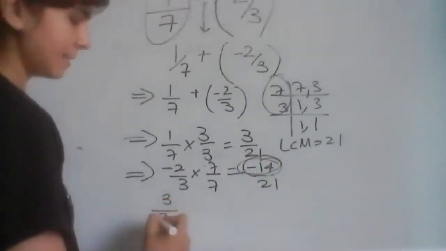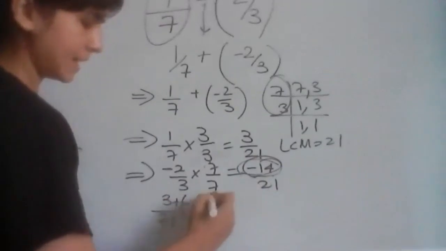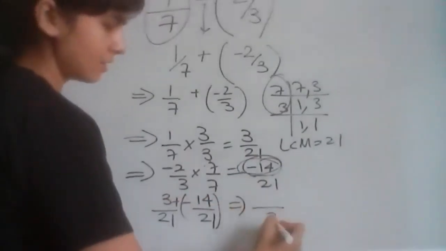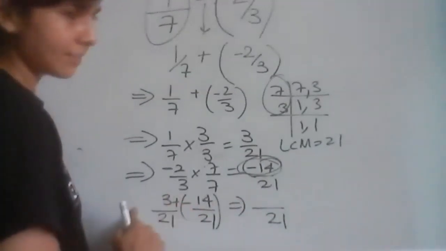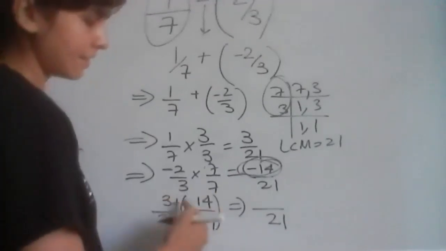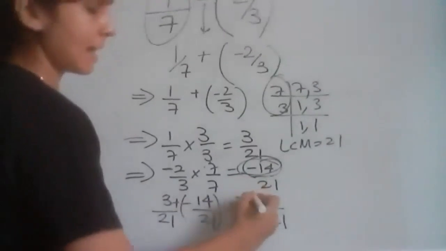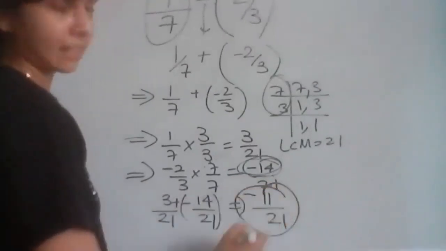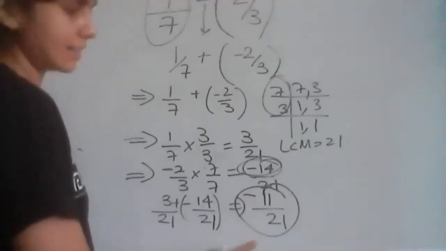So now it will be 3 by 21 minus 14 by 21. Right? So 21 as it is, minus 14 plus 3. Signs are different, so I am going to subtract these two numbers. 14 minus 3 is 11, and because 14 is the bigger number and it has the minus sign, my answer will also have the minus sign. So my answer will be minus 11 divided by 21. That is your answer.